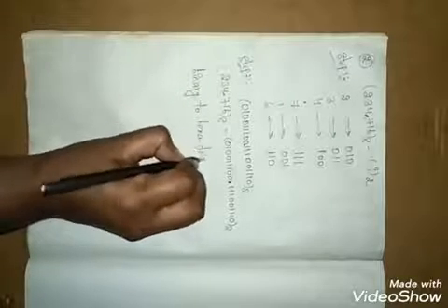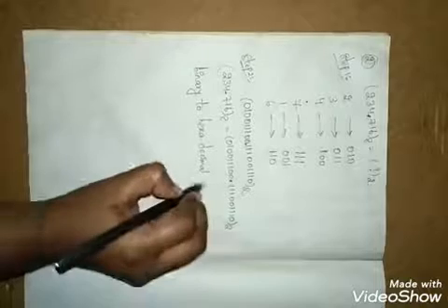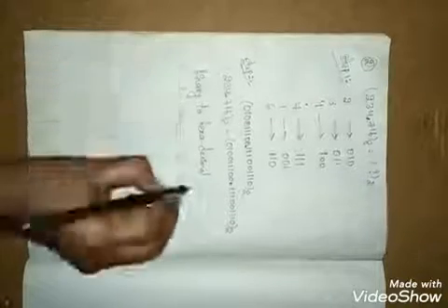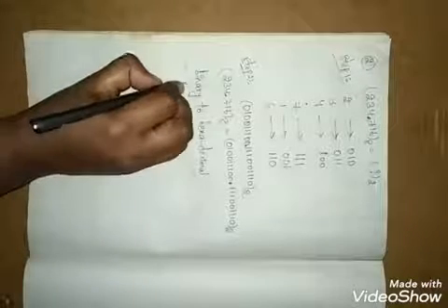Same like this only we are converting binary to hexadecimal. Your binary has base 2 and hexadecimal has base 16. But in hexadecimal, we have 12, 13 like this.